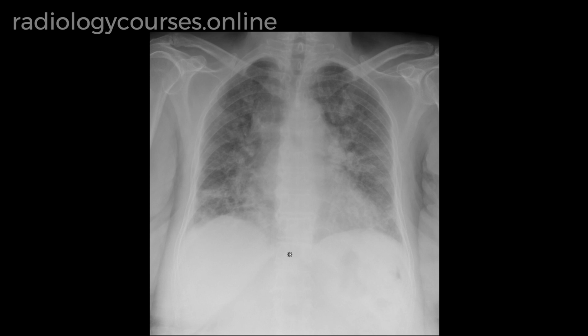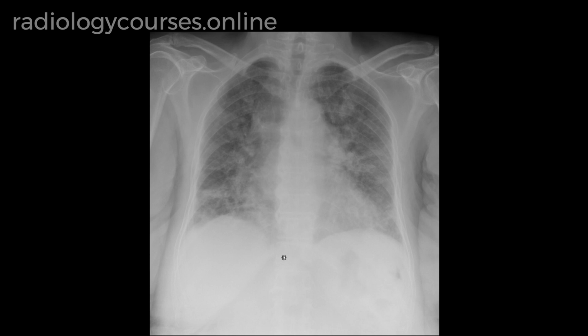I would expect that in fulminant pneumonia. Other differentials would include lymphangitis carcinomatosa with pulmonary metastasis, but I do not see any fairly well-defined pulmonary nodules to support the diagnosis.